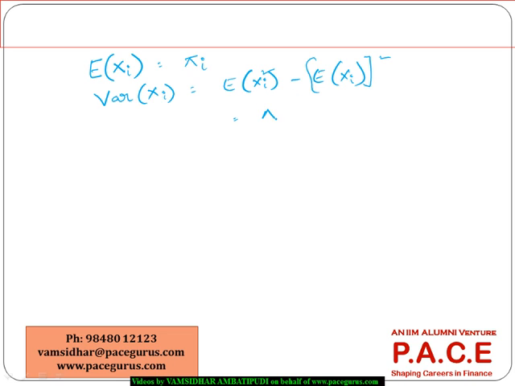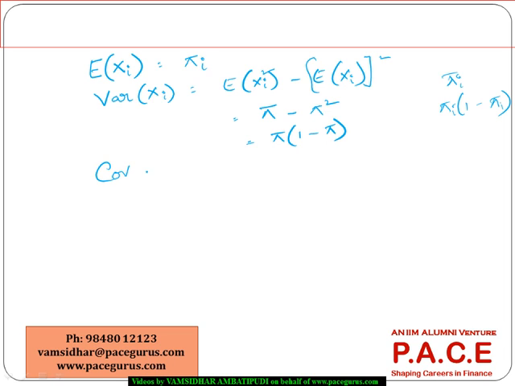Now even this is pi minus pi squared. So the variance will come out as pi into 1 minus pi. We know that from a Bernoulli distribution, if the mean is pi, the variance is going to be pi i into 1 minus pi i, right? So that is the same logic which I am applying here. So this is the variance.